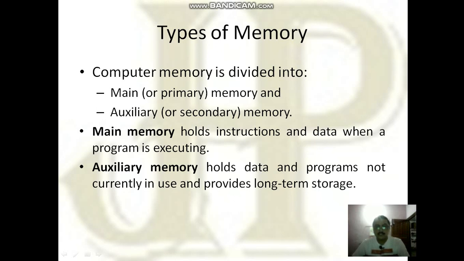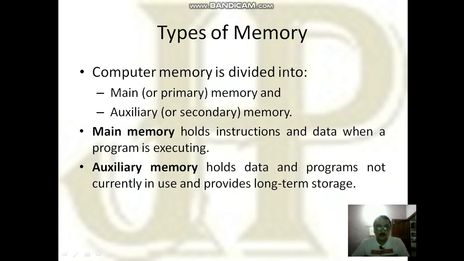Main memory holds instructions and data when a program is executing. What does it mean? Whenever you open some application, that application resides in secondary memory, moves to primary memory to execute. For example, you want to listen to a beautiful music, so you have to open VLC player and execute some music.